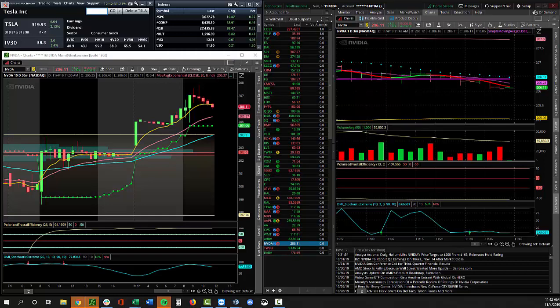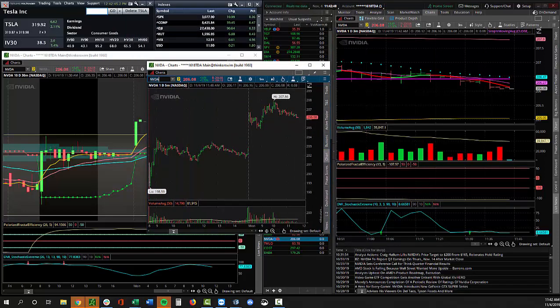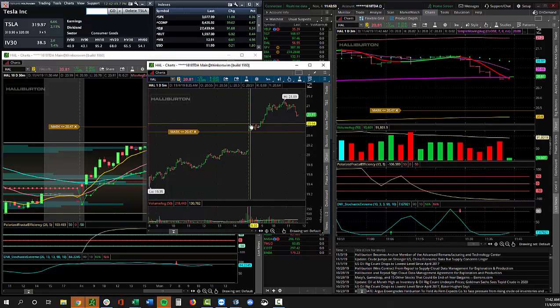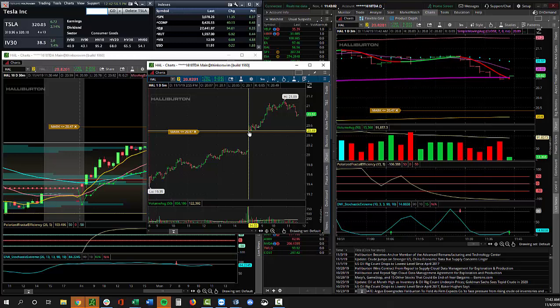Dale says, like Hal, if it goes back to the top of the gap and then goes higher, that is, let's pull Halliburton up here. So if Halliburton, are you looking on the daily chart, because there's no real gap on the daily chart. There is a bit of one, but it has not come back and retested it.